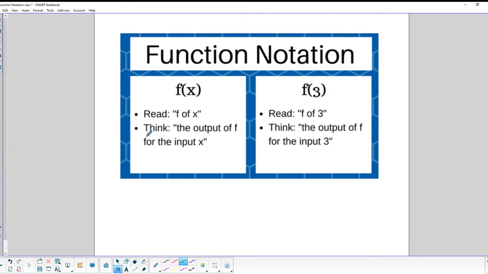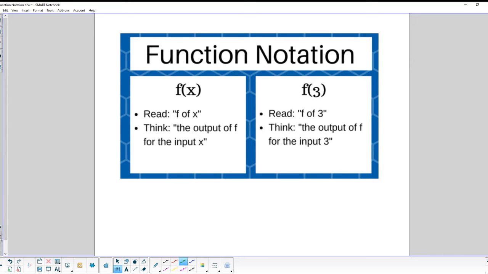One thing that this is helpful for is that you read this f of x, and you think the output of f for the input of x. So on this next one, read f of 3. Think the output of the function f if I input the number 3 into the value.